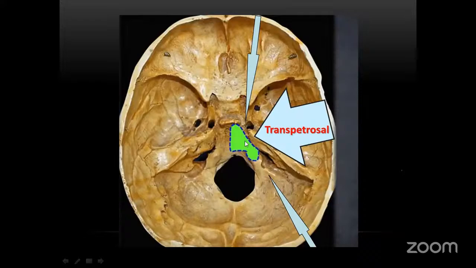Okay, so our target is this area. This is the petrous part of the temporal bone.